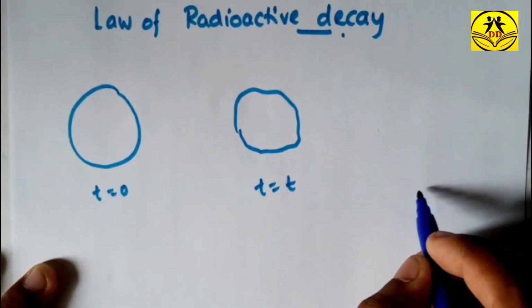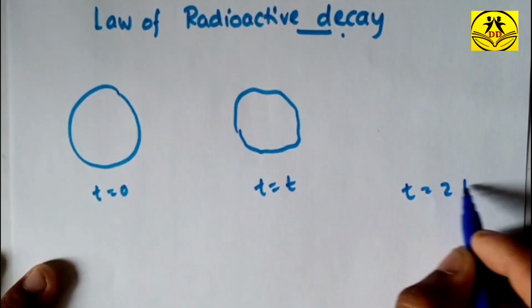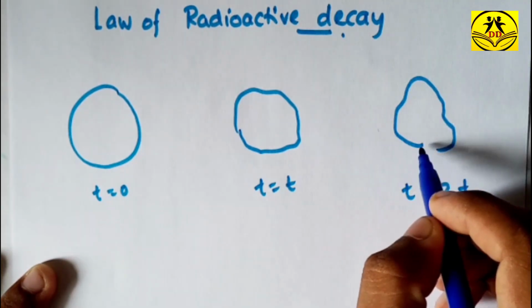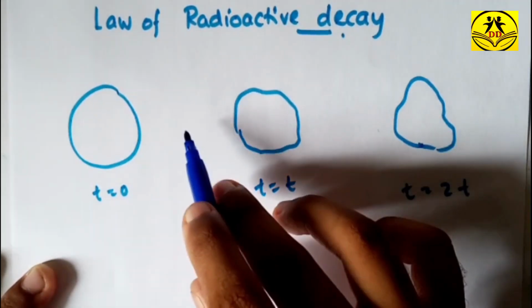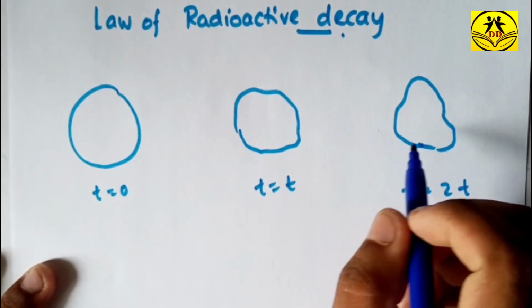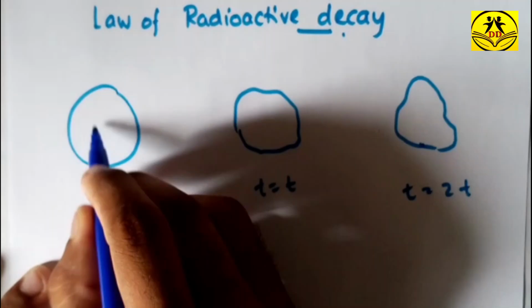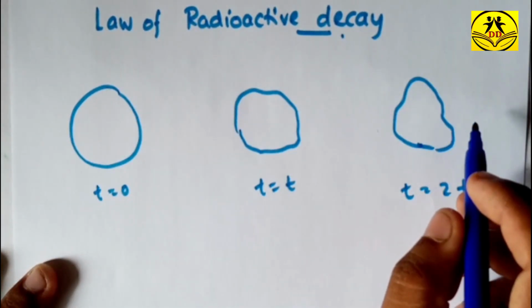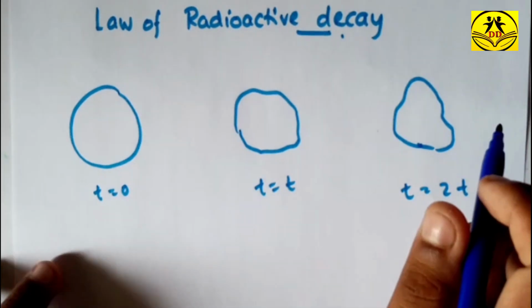And after a certain more amount of time, we can observe that the number of nuclei is further lesser than the previous value. So this is called radioactive decay. That is, the number of nuclei inside the radioactive matter decreases with time.